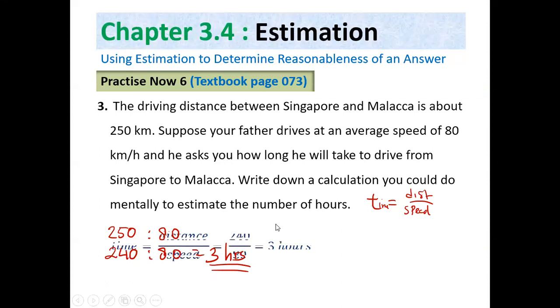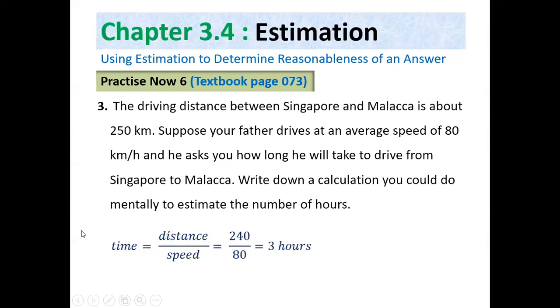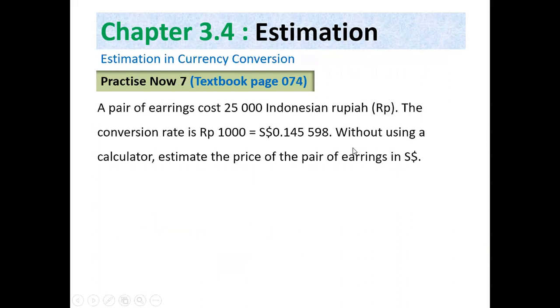See? I just round the number to become 240 because 250 cannot be divided by 8. Now, compare. Okay, this is so bad, but we can do this easily. A piece of earrings costs 25,000 Indonesian rupiah.